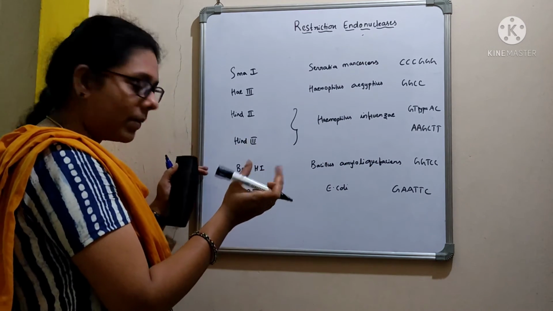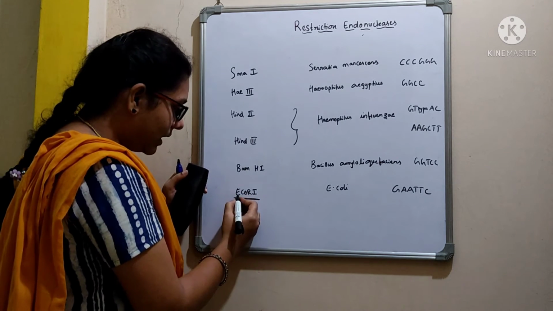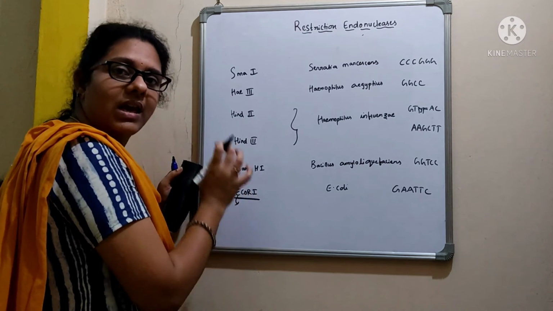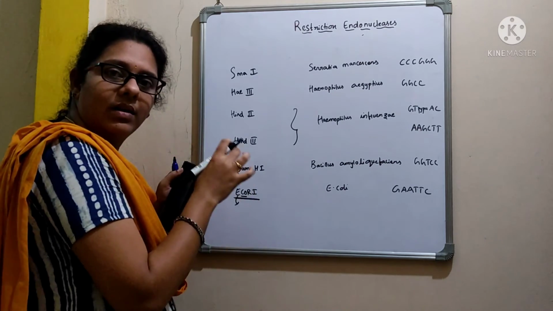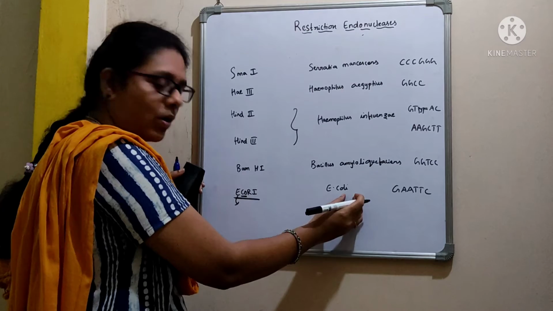If you look into the nomenclature, for example, take EcoRI. E is the first letter, which indicates the genus. Escherichia is the genus name. And co, these two letters indicate the species name, that is coli.